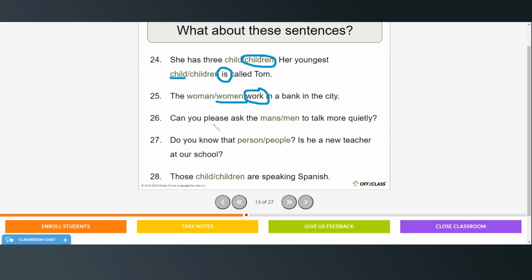Can you please ask the men to talk more quietly? And do you know that person? So that is singular. Those children are speaking Spanish. Again, those signals a plural noun.